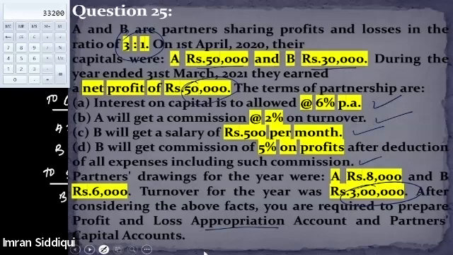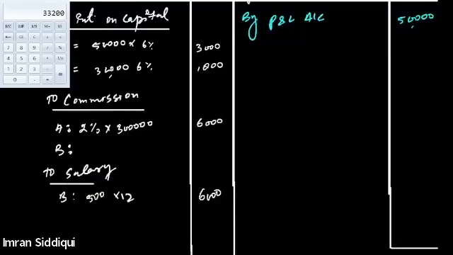Now, 5% of it. So what we'll do is 33,200 into 5% divided by 105.